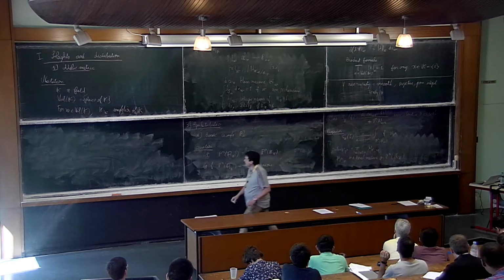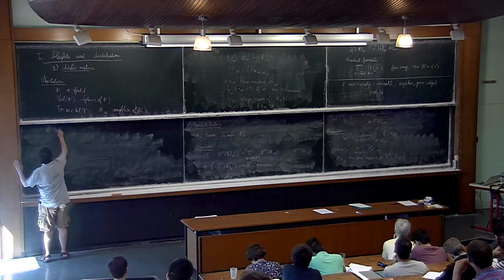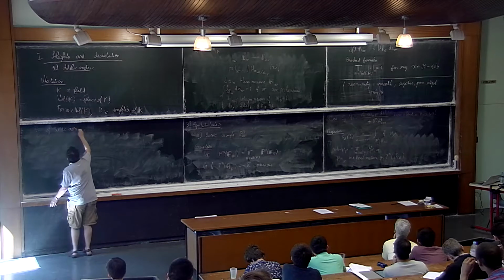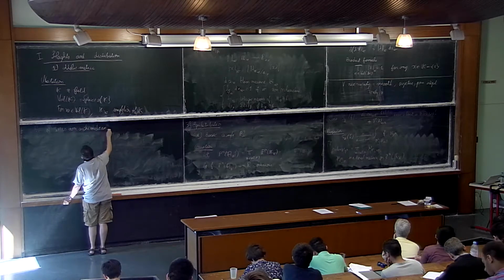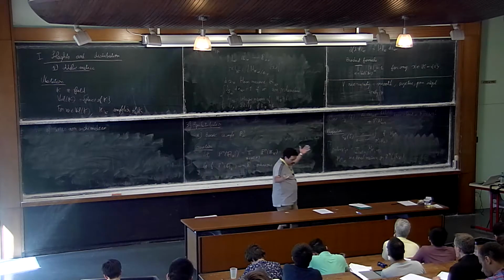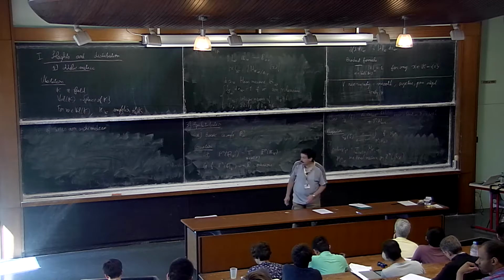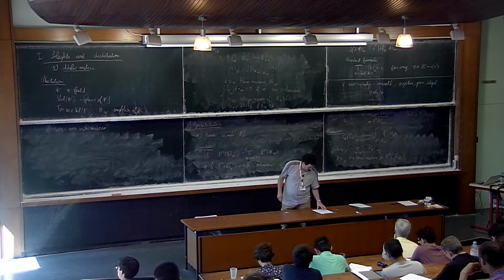So if W is non-Archimedean, it is the most natural measure you can imagine on Pn of Kw.